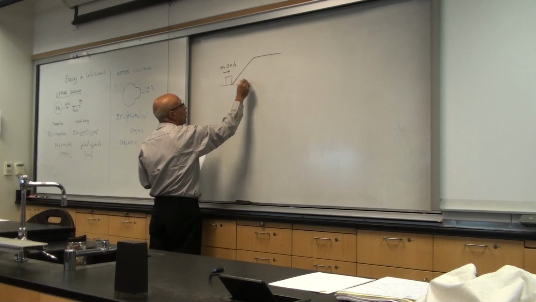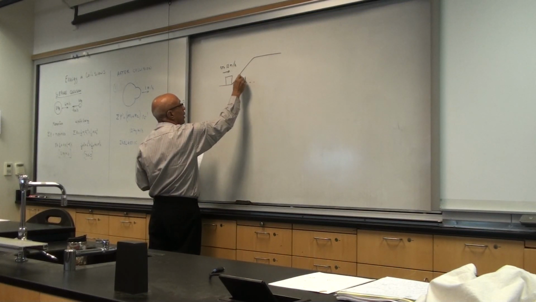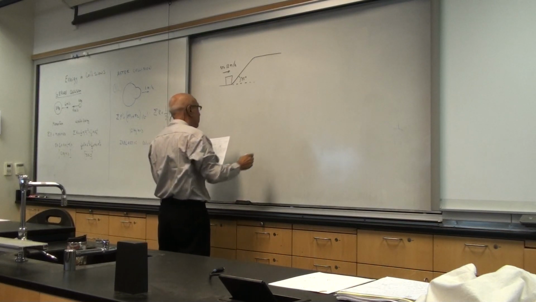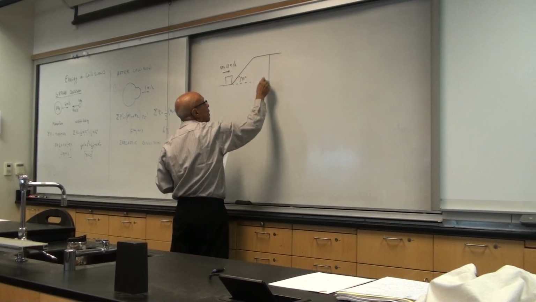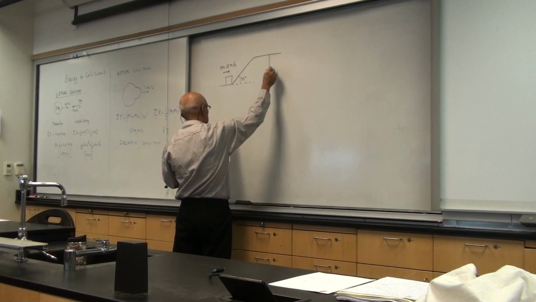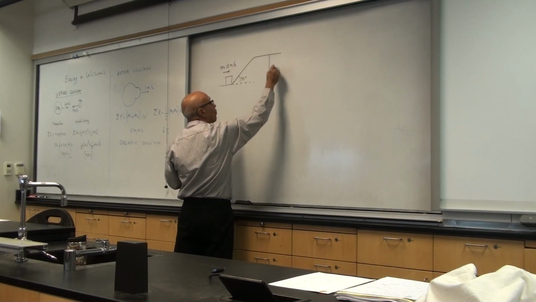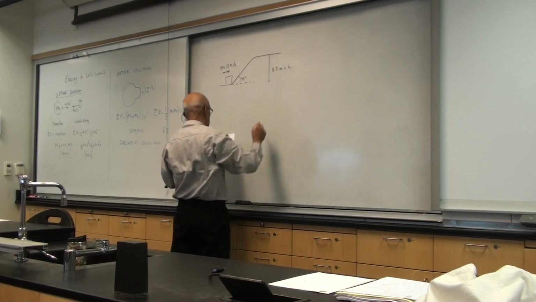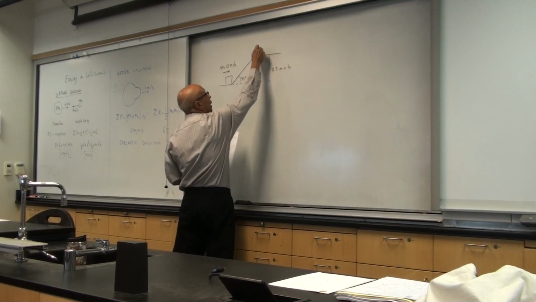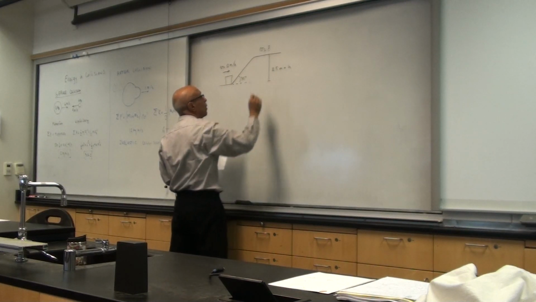I have an angle here of 35 degrees. The height here is 2.5 meters, that's h. And I'd like to know what is the final velocity.